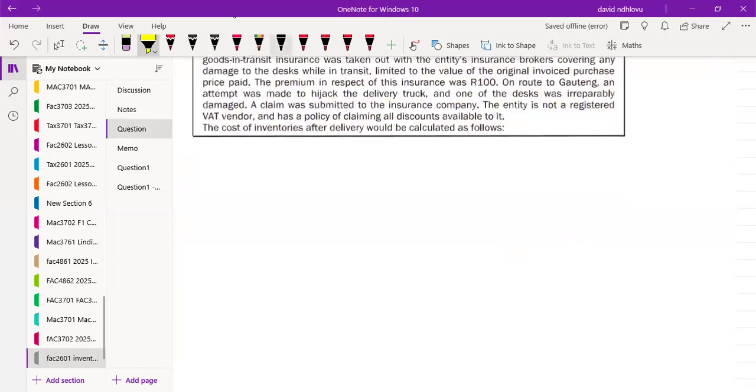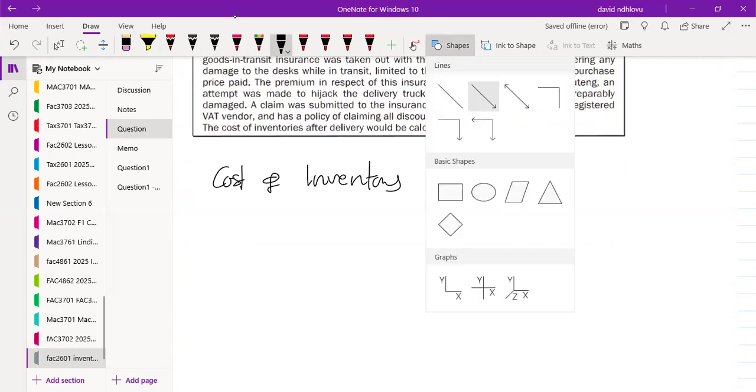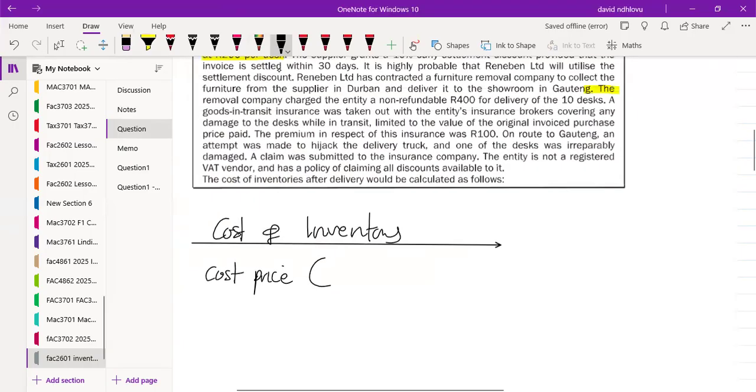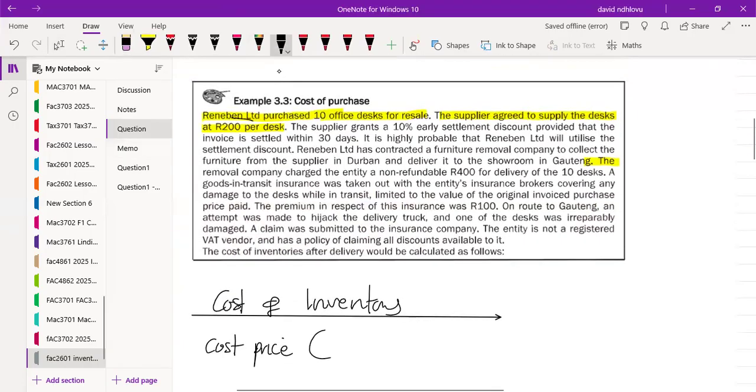So when we want to calculate the cost of inventory, the first thing that we're going to take into account is the cost price. We want to purchase a maximum of 10 desks, and each desk is going for 200. So this is 10 by 200, and this is going to give you 2,000.